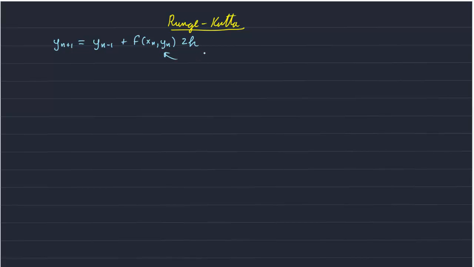Remember, f of x sub n, y sub n is the slope at the midpoint of x sub n plus 1 and x sub n minus 1.